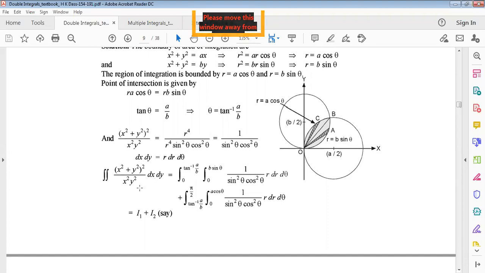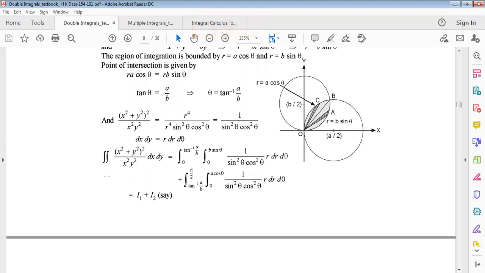Now putting this into the function, this is the Cartesian function, x square plus y square whole square. The limits are 0 to tan inverse a by b for the angle theta, and 0 to the value of r.